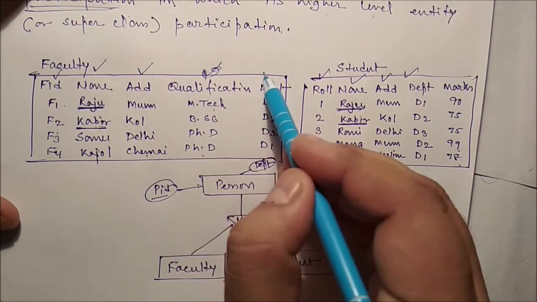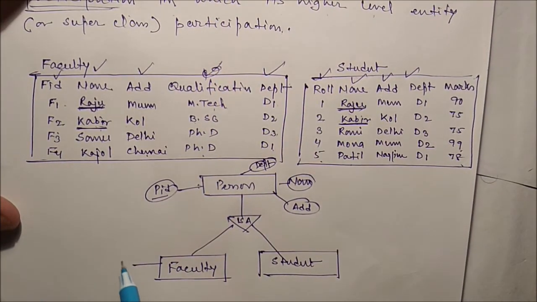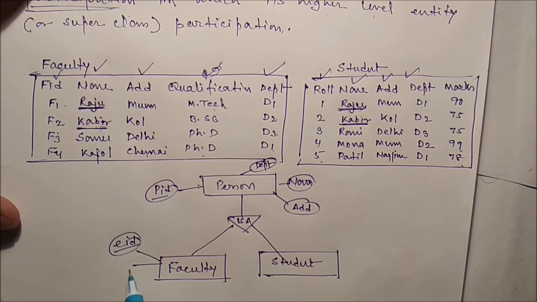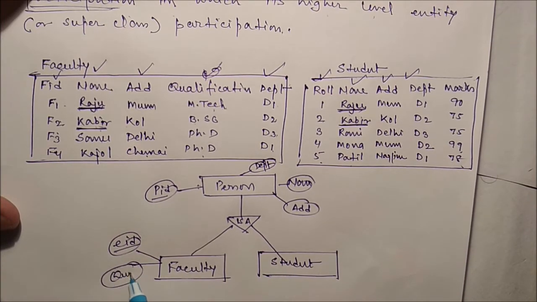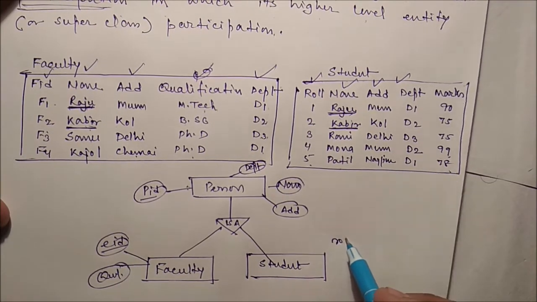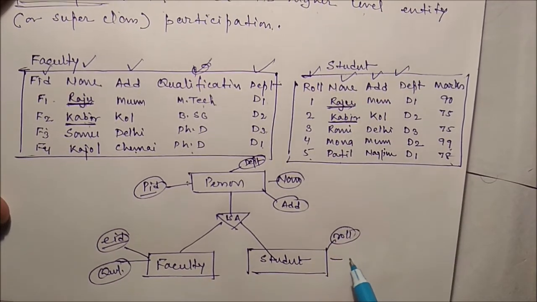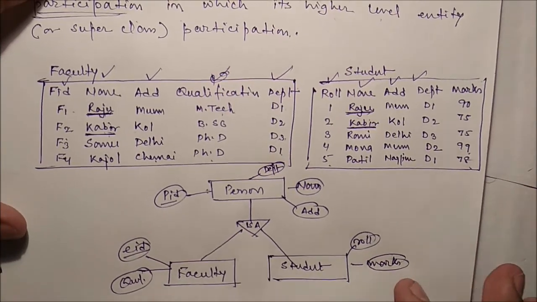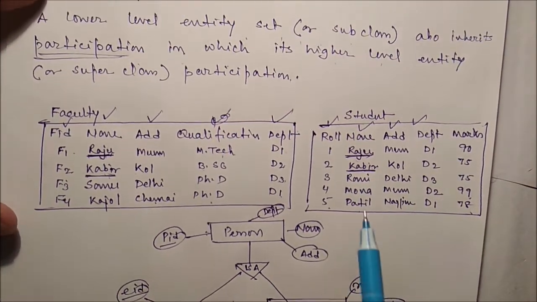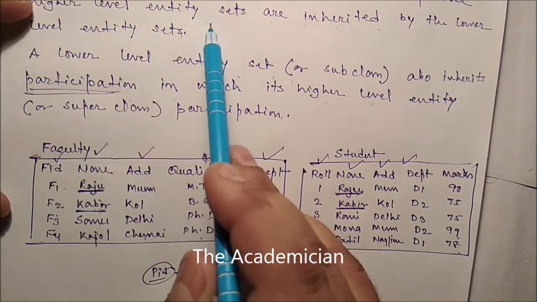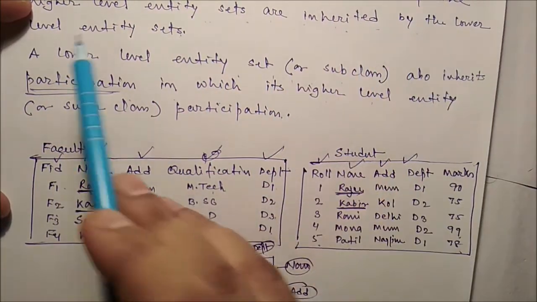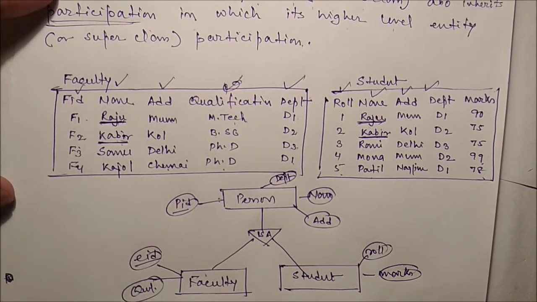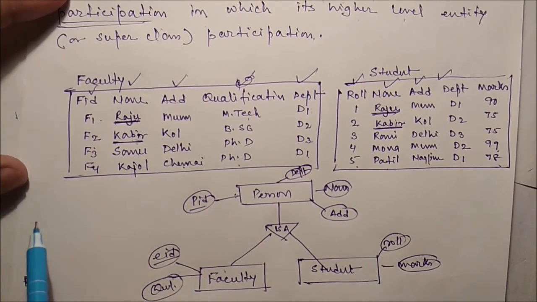Not faculty, department. Now if it is a faculty, employee ID is there and the qualification is there. But if it is a student, roll number is there and the marks. Are you getting this one? Now you can say the attributes of the higher level entity sets are inherited by the lower level entity sets. So the tables are what?